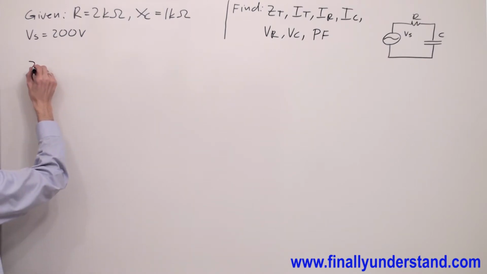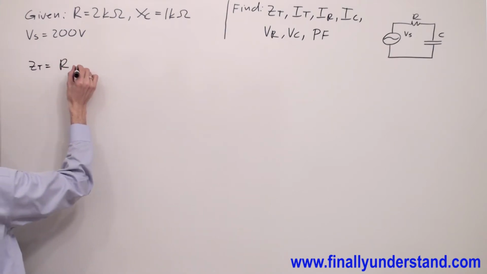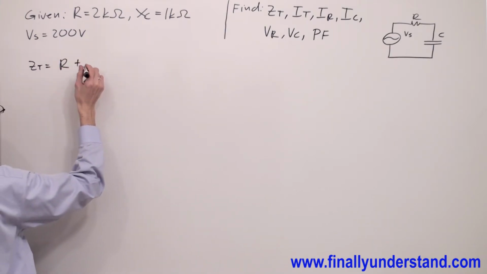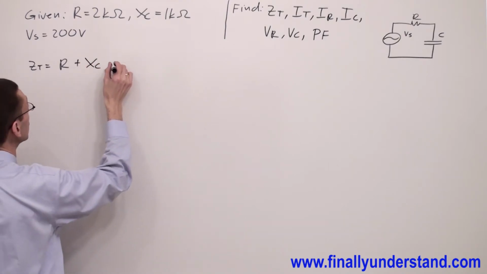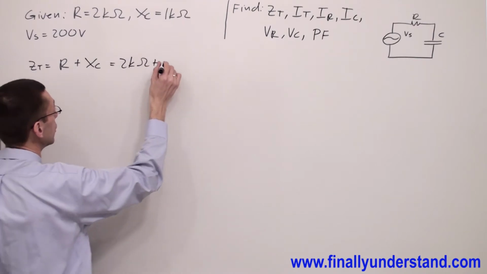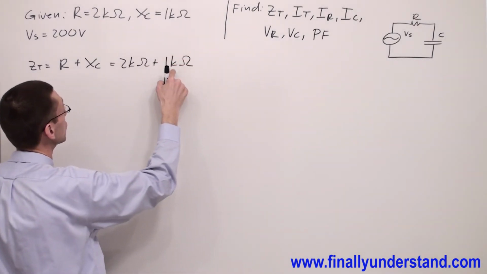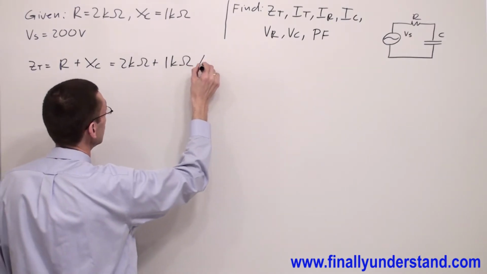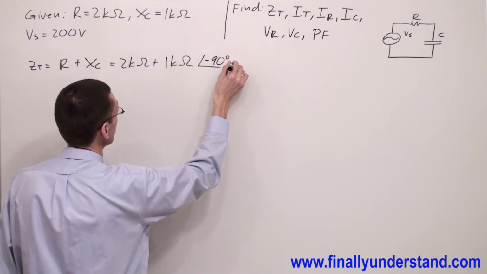So Z total is equal to the resistor plus the capacitive reactance X of C. So this is equal to 2 kilo ohms plus 1 kilo ohm, but don't forget that X of C always goes with an angle of negative 90 degrees.